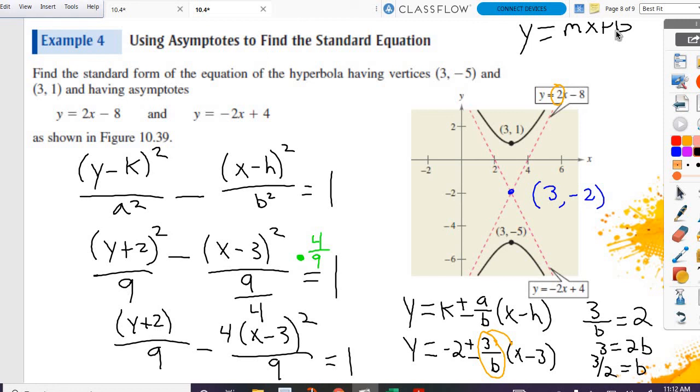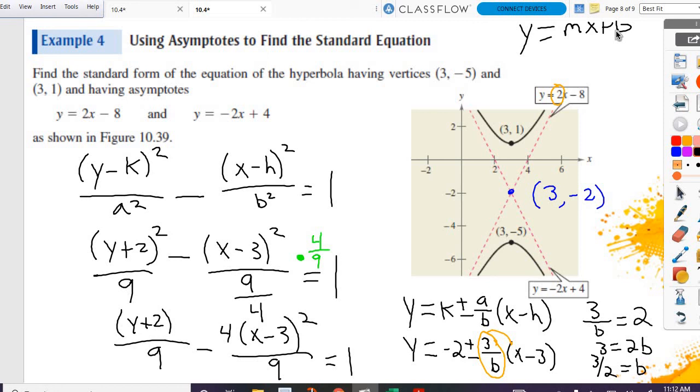So if I multiply this out, the only number in front of an x is this 3 divided by b. So 3 divided by b ends up being my slope, or the a divided by b ends up being my slope. Are we okay with that?